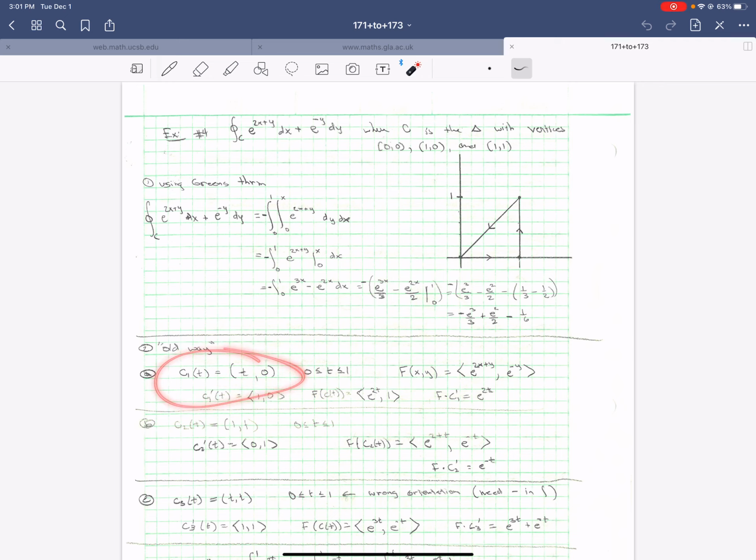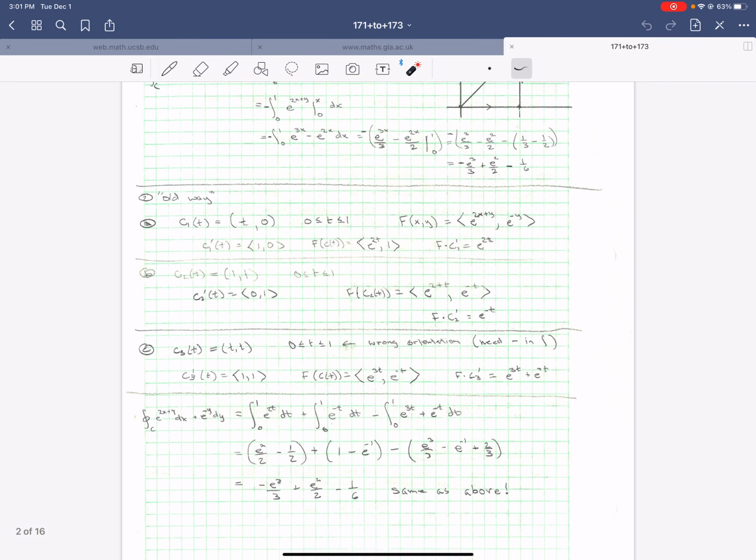Then once I have that, I need to feed it into my vector field. And so I pulled the vector field out there. So then I do the f of c of t and put those in. I figure out what c prime of t is, and then I have to dot them. Now that stays on hold, but for this curve right here, I'm going to use this function with those limits of integration.